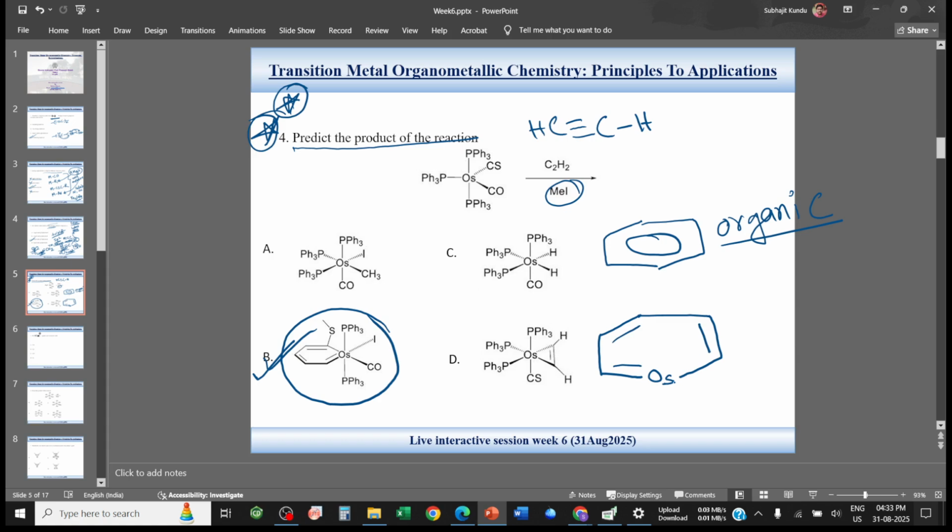So this is an inorganic analogue of benzene.